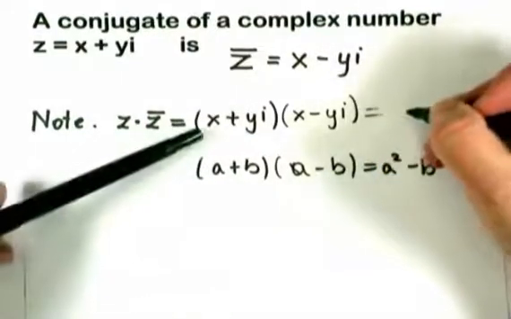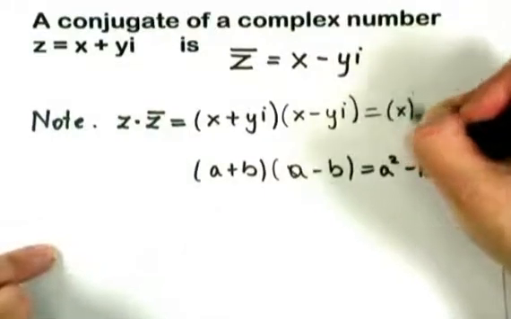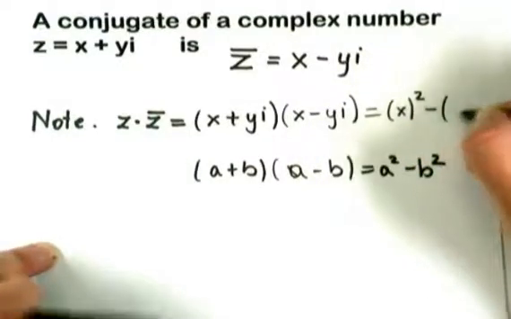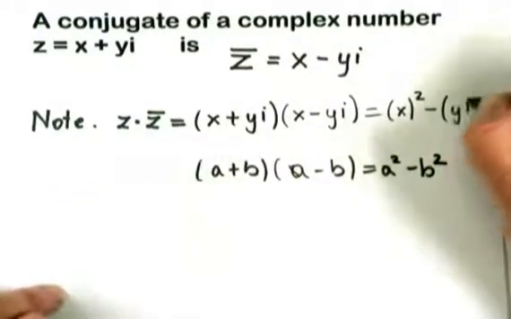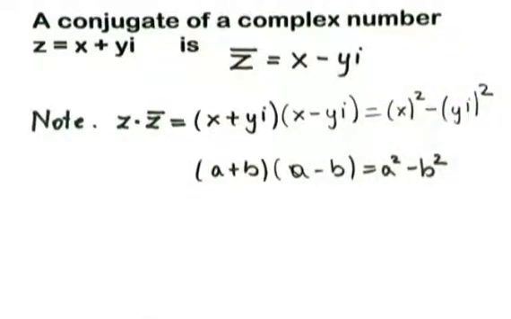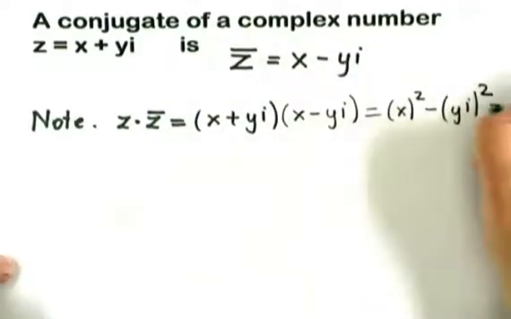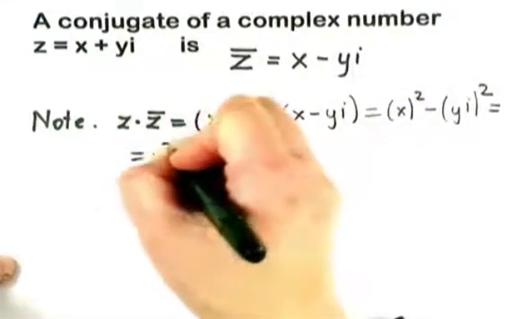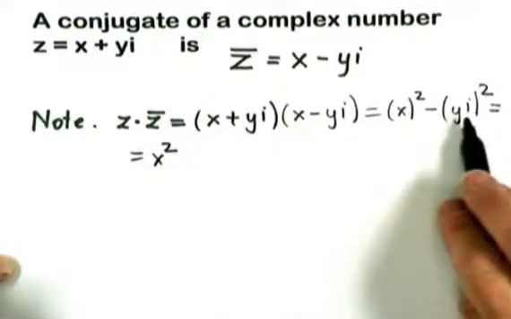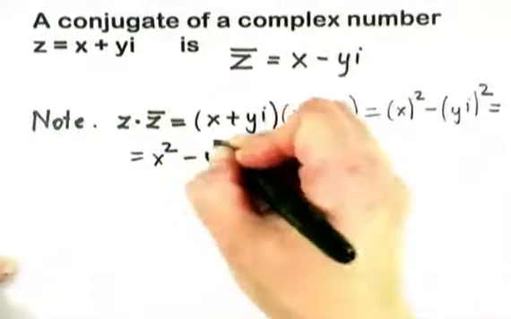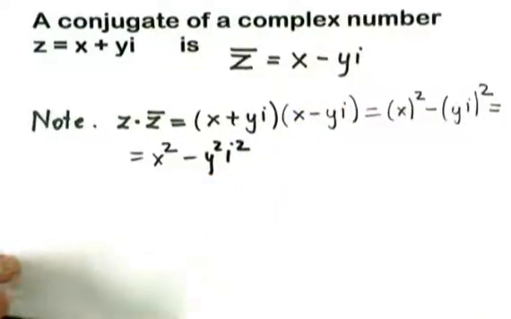So I have the first term squared, x squared, minus my second term squared, yi squared, and I work this out. x squared is x squared. yi squared is y squared and i squared.